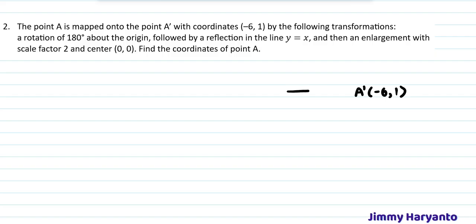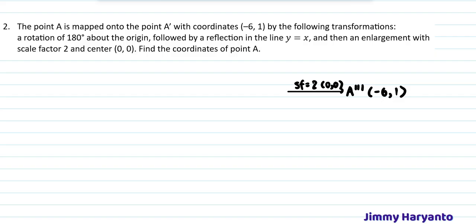The last transformation is a scale factor of 2, with point 0, 0. Instead of writing it as A prime, let's write it as A triple prime, because the point is transformed 3 times. That means this is the final image, the third image. A triple prime equals negative 6, 1.